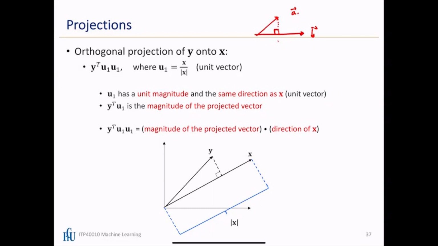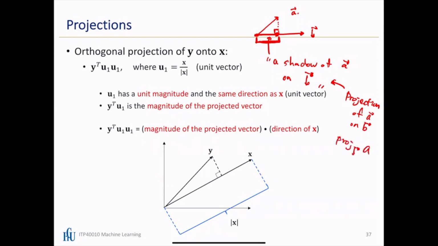In this case, we can measure the distance of a vector from here to here. And this is something like a shadow of vector A on vector B. This is a sort of informal definition, and it actually has a specific name, which is projection. And it even has a notation. So project B on A.